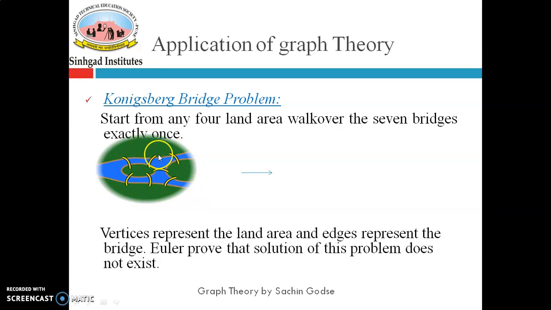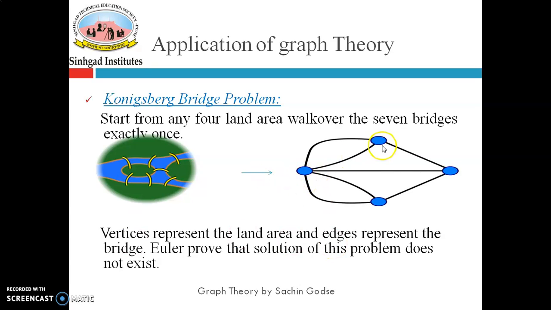Here too, you have to travel from one land and visit every bridge exactly once. So we can represent this problem as a graph, where the 4 land areas are represented by vertices and bridges by edges, and we can check whether an Eulerian path exists.